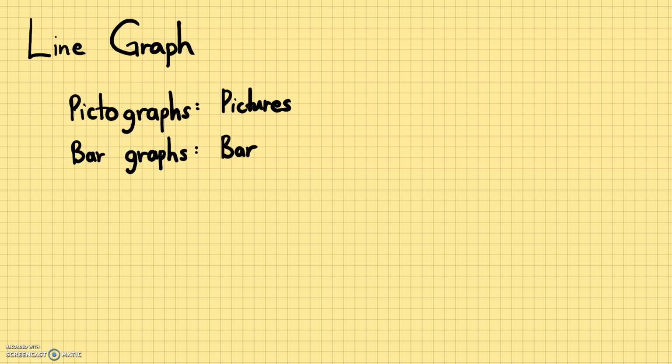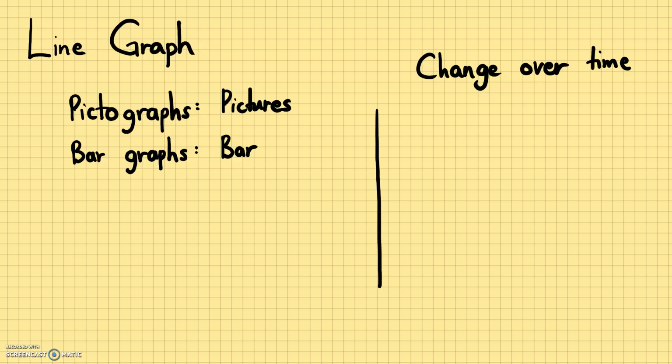And a line graph, as you might have guessed from the name, uses lines. Line graphs are usually used when you want to show a change over time, and usually the time is on the bottom axis.